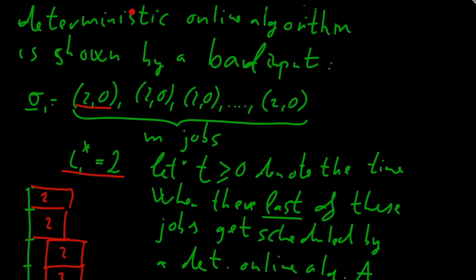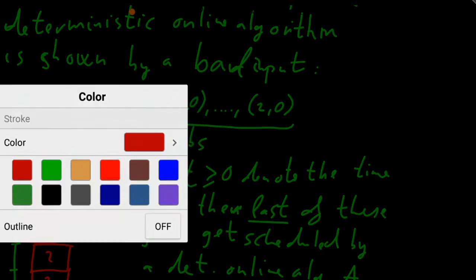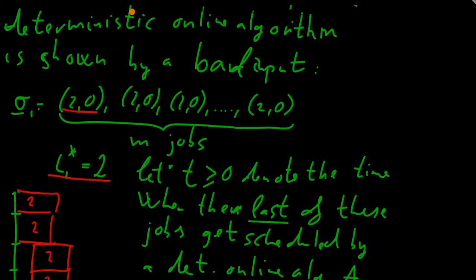And now, as I promised, there will be 2 inputs. This sigma 1 is the prefix of the sigma 2, which is just tailored to the algorithm A, and this will contain a job of, say, 4 minus t.